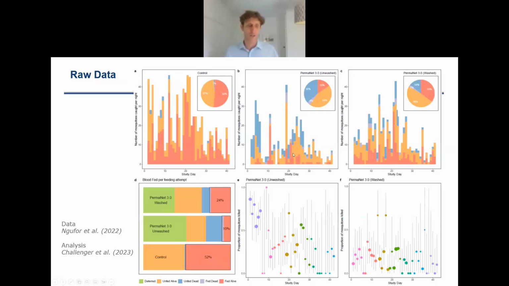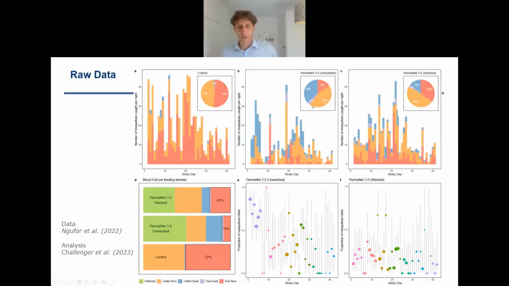And you can see that you get many more mosquitoes in the huts without the insecticide than with the insecticide. So the insecticide is stopping mosquitoes from entering. But similarly, you get not a huge amount of death in some of these things. So in this scenario, you have about 30 to 40% of mosquitoes actually being killed at the time in that net.